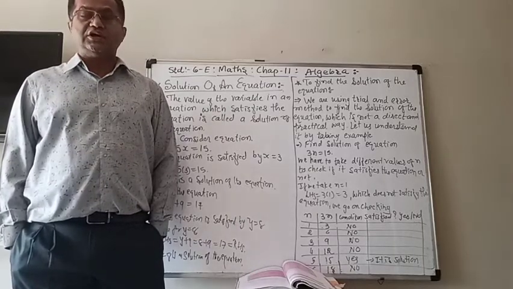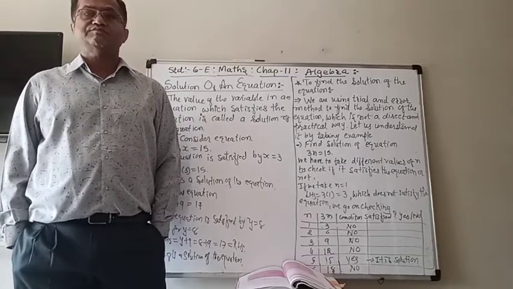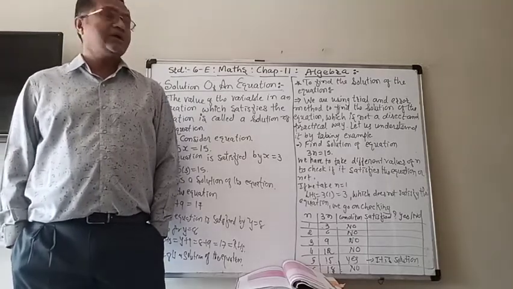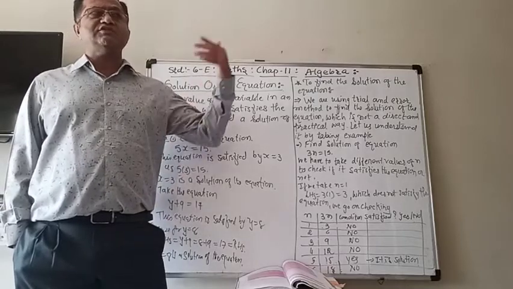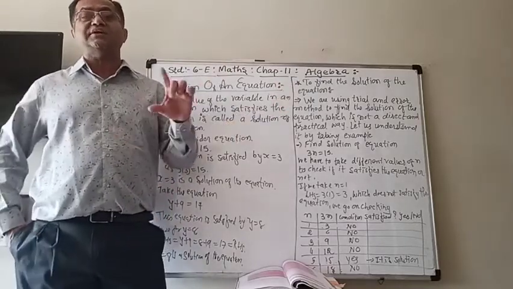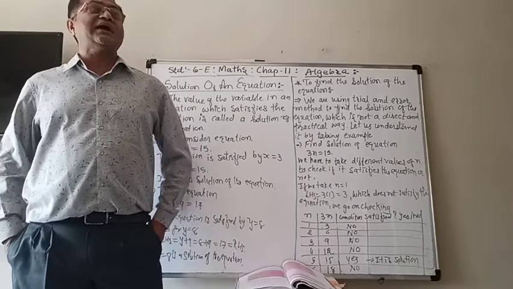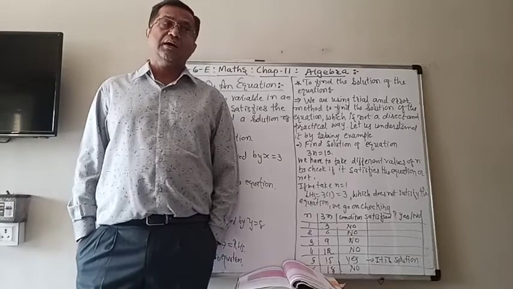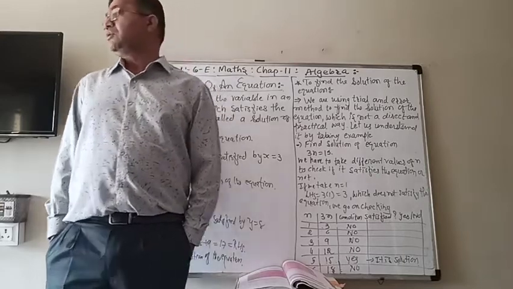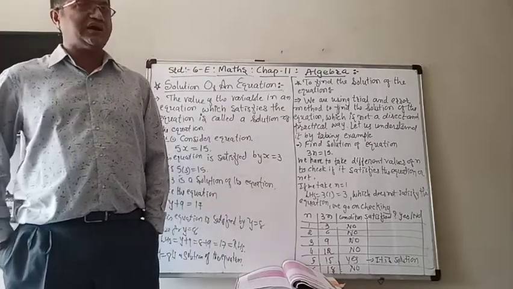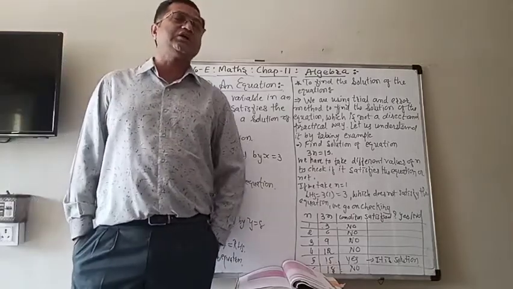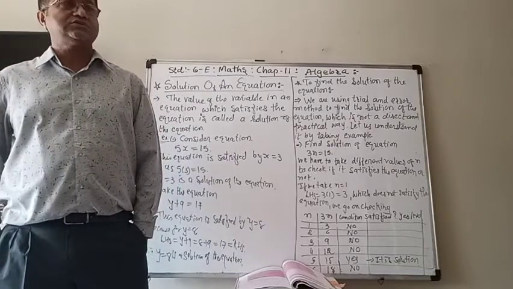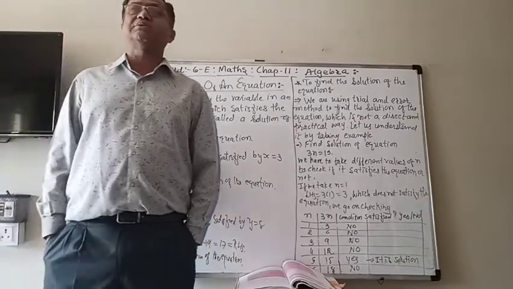The part on the left side is known as the left hand side or LHS, and the one on the right of the equality sign is known as the right hand side or RHS. And the value on LHS and the value on RHS must be equal, because it should be balanced. So the value on both sides must be equal.